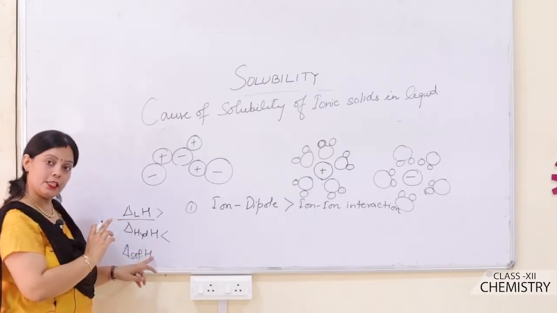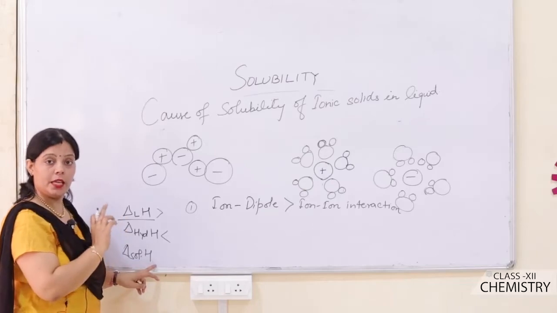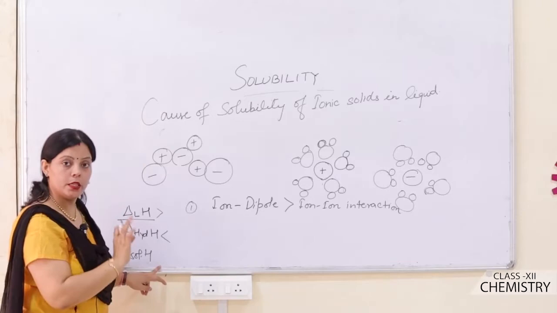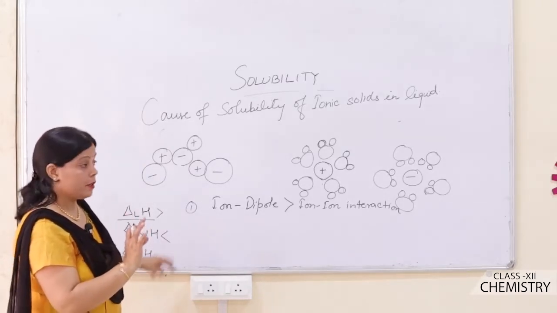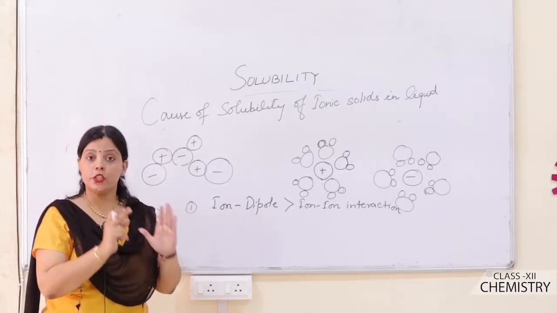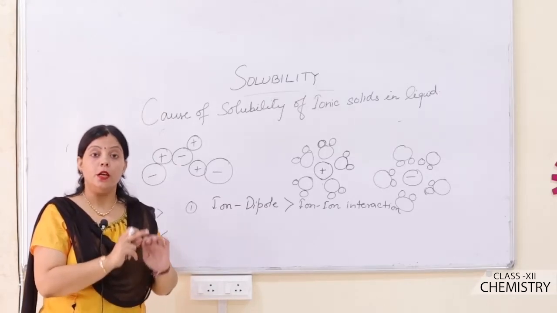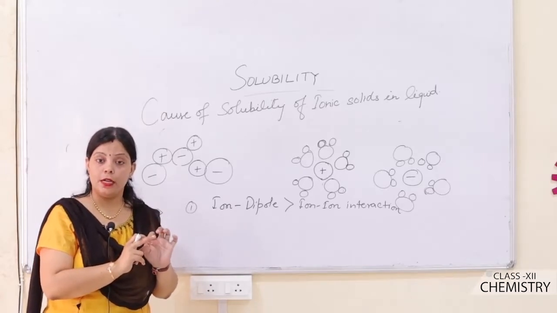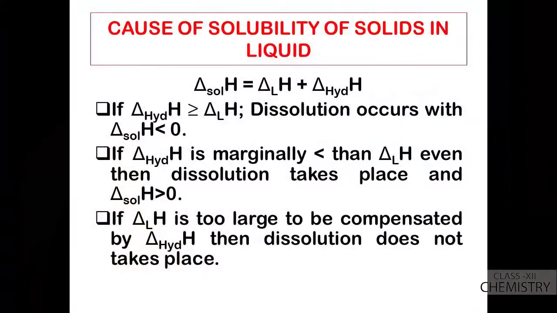And delta sol H is the net change in the enthalpy when 1 mole of ionic solid is undergoing the dissolution process. The net enthalpy change occurring during the dissolution of 1 mole of solid, that is the delta sol H, is equal to the lattice energy plus hydration enthalpy.